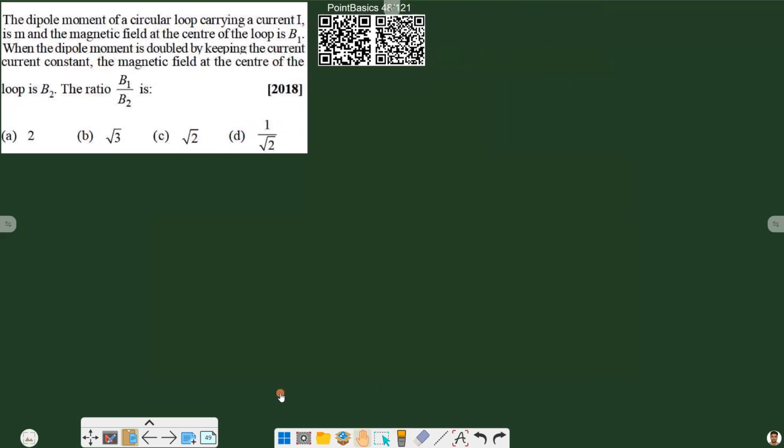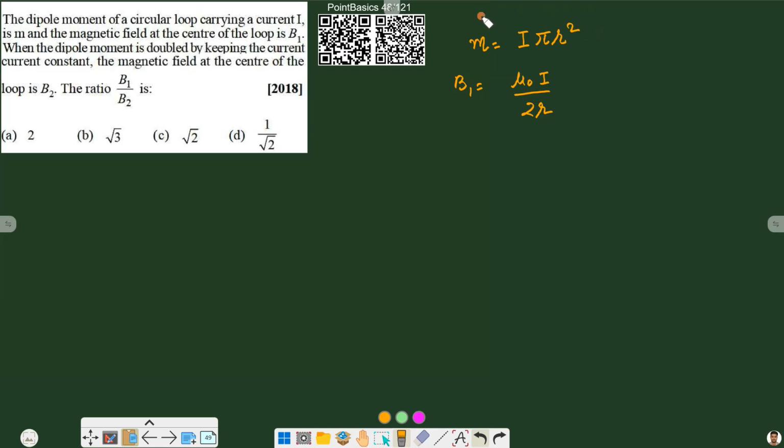So as mentioned, we have a dipole moment of a circular loop. The dipole moment will be I into area, or we can say current I into pi r square. And the magnetic field B1 at the center of this loop, having magnetic dipole moment M, will be mu node times I by twice R. Now it is mentioned that the dipole moment is doubled by keeping the current constant.